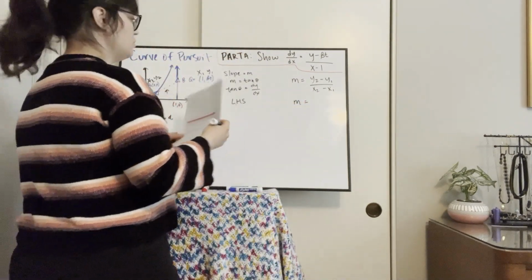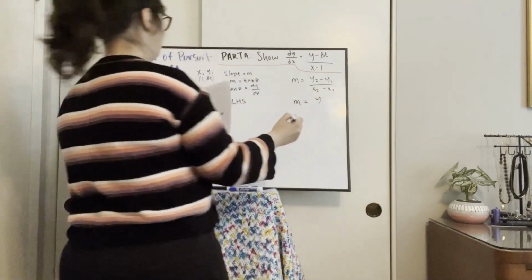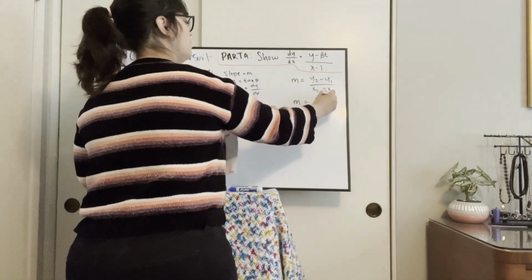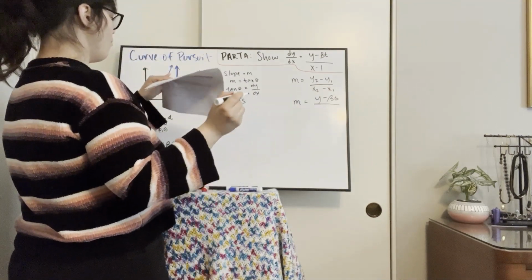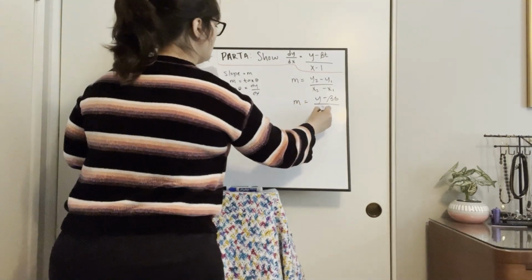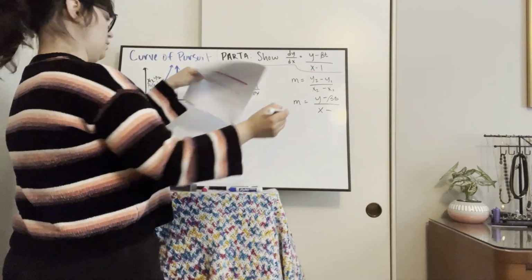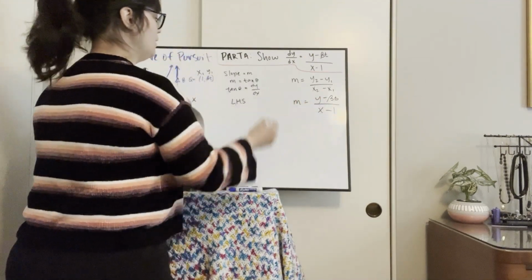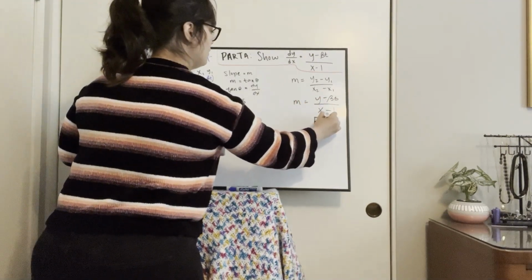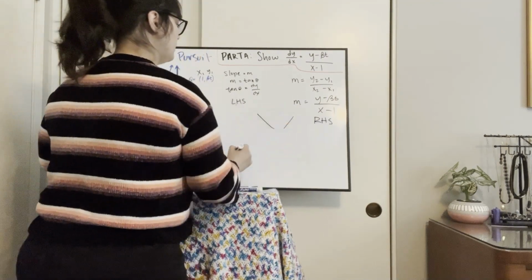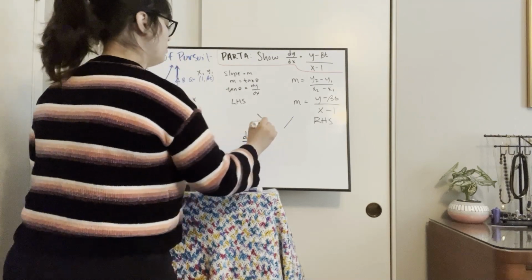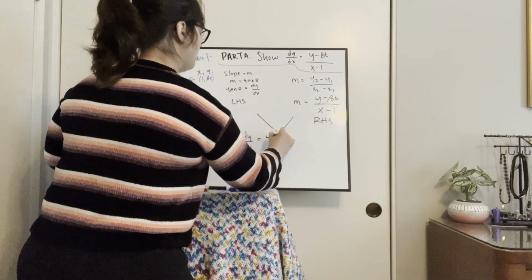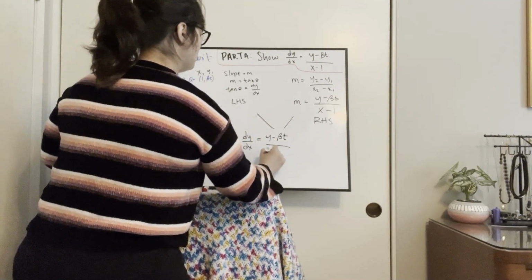So y2 is going to be y, and y1 is equal to beta t, all over x2, which is x, minus x1, which is just 1. And then all together, that's going to make dy/dx equal to (y minus beta t) all over (x minus 1).